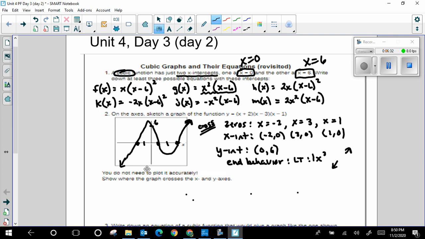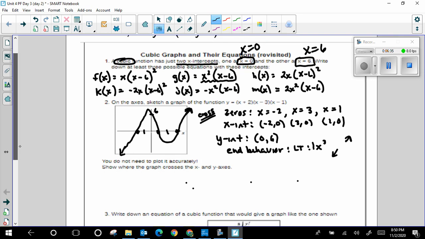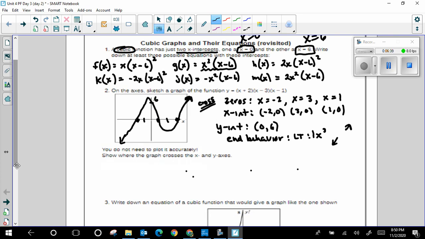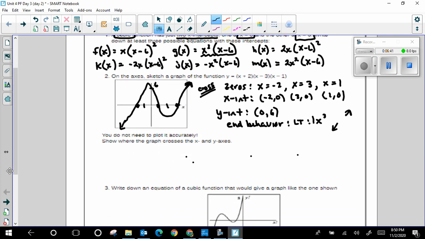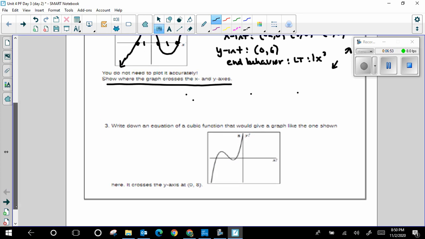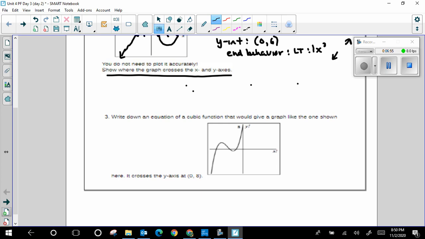I don't really know my maxes and mins. That's a little bit bigger concept than Algebra 2. So we're just sketching with zeros, lead term, end behavior, and the y-intercepts. So it says, show where your graph crosses the x and y axis. I did all that.